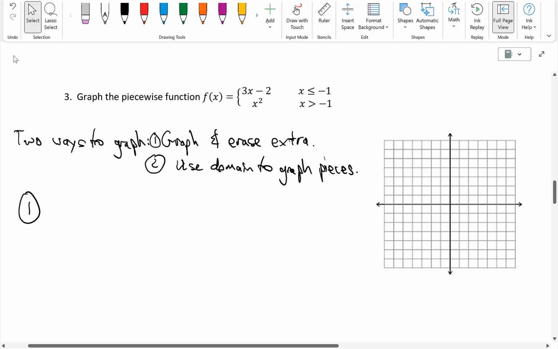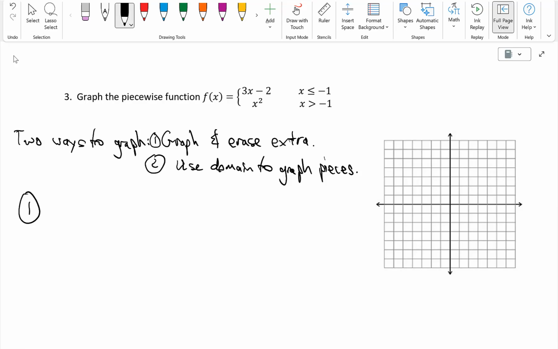So we want to think first, the top part, the first function given for this piecewise function, the 3x minus 2, is just a line, right? It's a linear function. We've got a y-intercept of -2 and a slope of 3. So m is 3, b is -2, which gives us the point 0, -2. So we can graph that line.